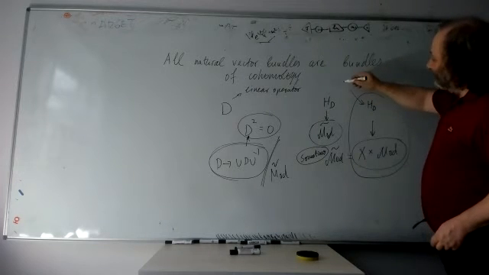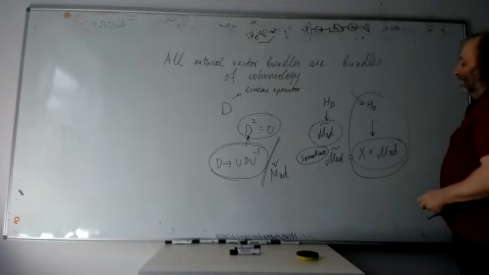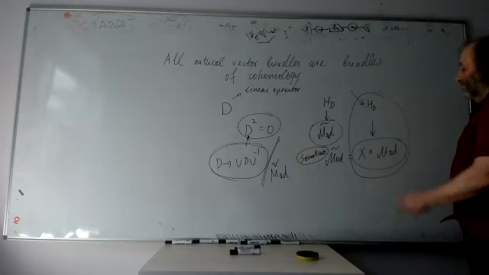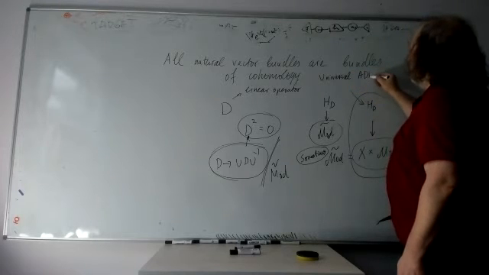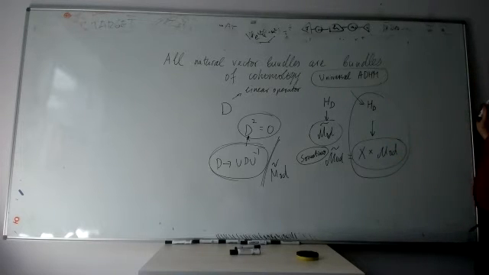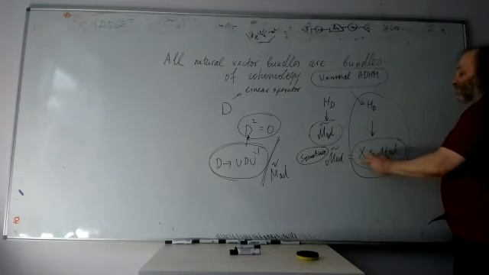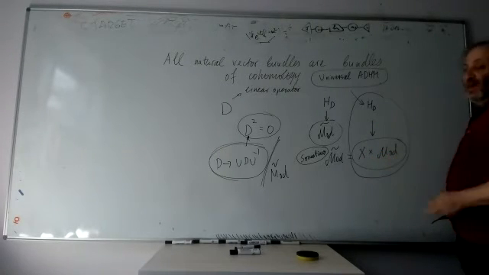And sometimes this mod is exactly the universal moduli space of bundles on X. So this is the universal ADHM construction. Such construction exists in many cases. However, sometimes it gives a complete set of bundles on X, sometimes it gives you the moduli space of bundles on X, sometimes it's a subspace.